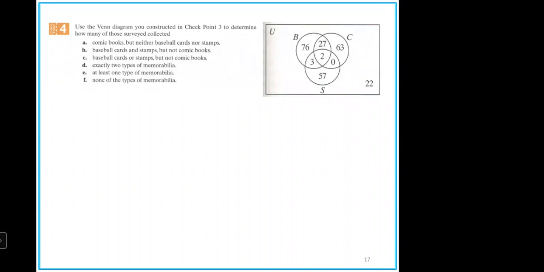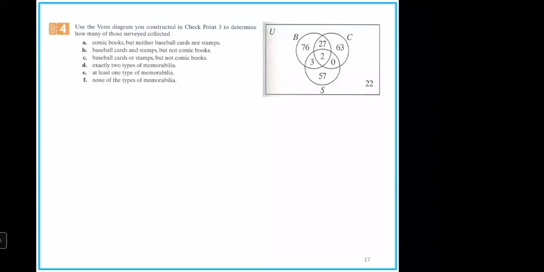When it says baseball cards and stamps, are they speaking about the area that likes those two only, or the area that only likes baseball cards, or the area that only likes stamps, and then collectively? It says baseball cards and stamps, but not comic books.